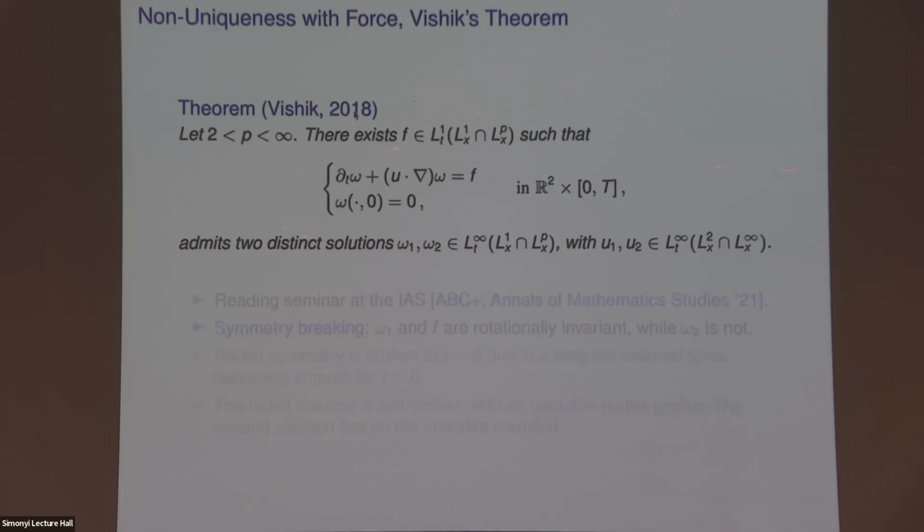And here the problem is just two-dimensional Euler in the Euclidean two-dimensional space instead of the torus, with this external body force, which is given.